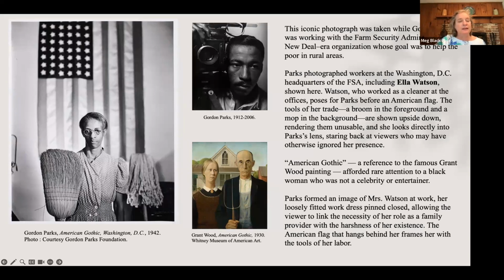And just by having the tools of her trade upside down, they almost present themselves as weapons. I guess the idea is that they're not useful. You can't use a broom or a mop in the positions that she has them in.